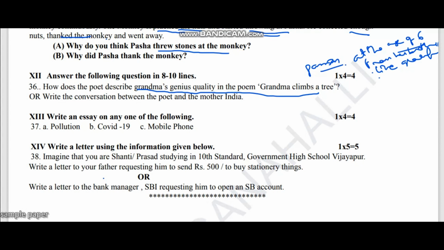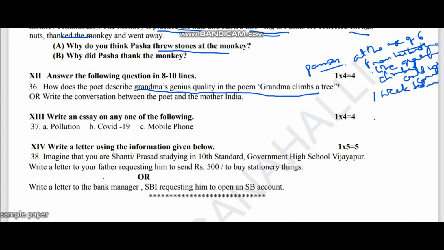And every day she would climb. One day she climbed the tree but could not come down. And the doctor came and doctor recommended 1 week bed rest.